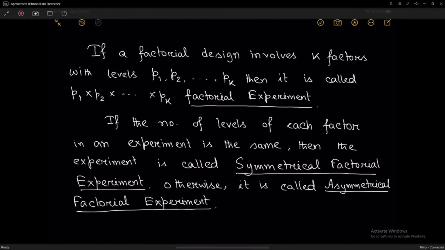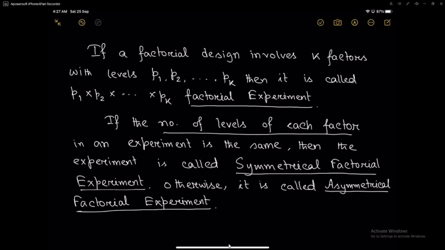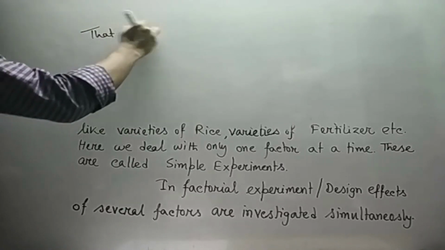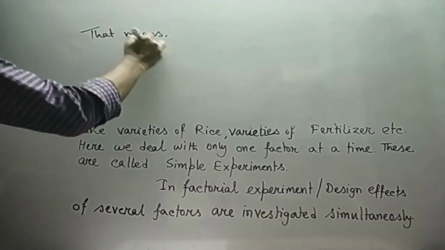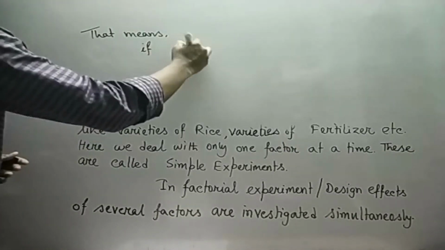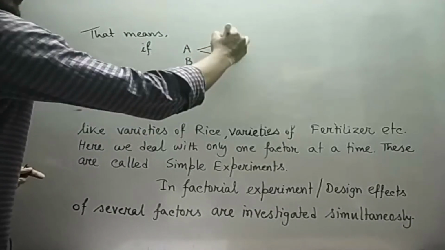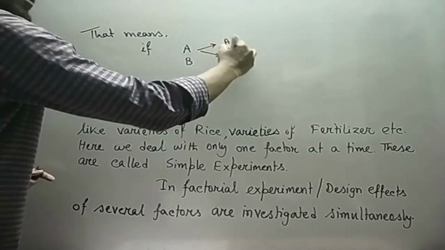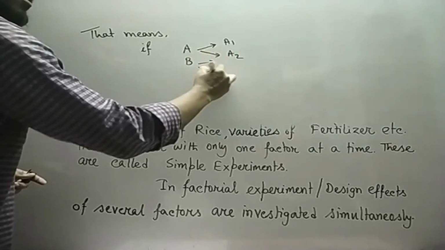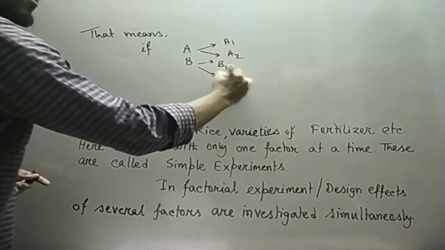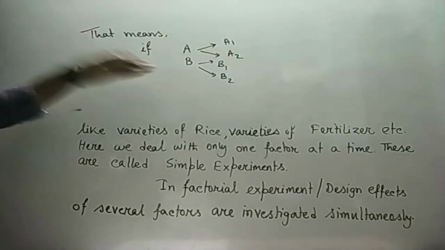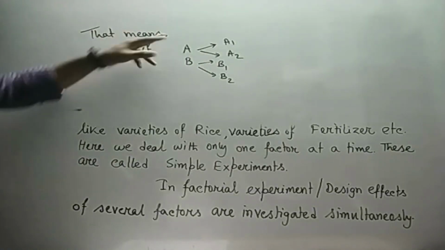It says that if the number of levels of each factor in an experiment is the same, that means if we have two factors like A and B and both have two levels, let's say A1, A2 and B1, B2, then each factor has an equal number of levels.